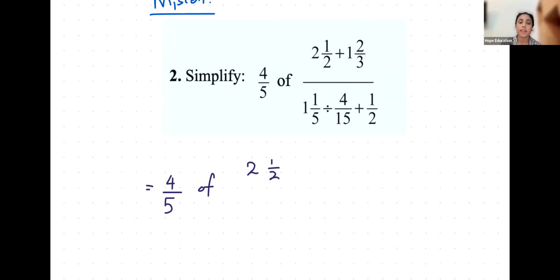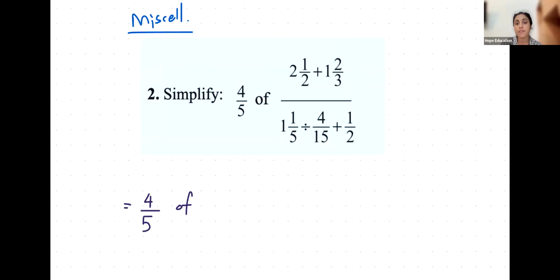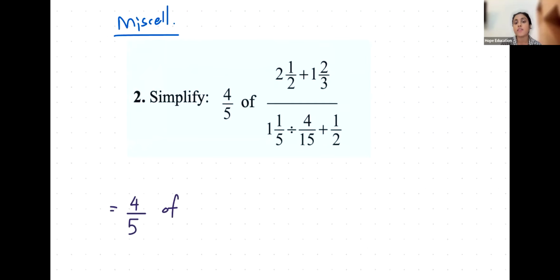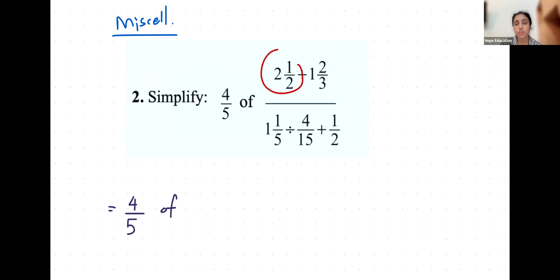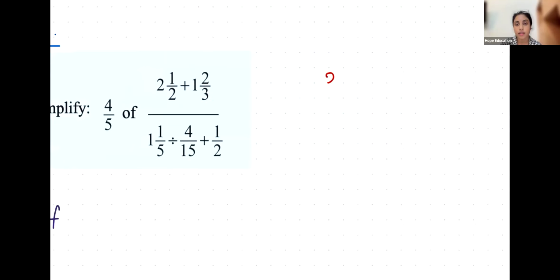First of all, I will convert these mixed numbers to improper fractions. So 2 1 over 2 means 2 times 2 is 4, 4 plus 1 is 5, that is 5 over 2. 1 2 over 3 means 1 times 3 is 3 plus 2 is 5, that is 5 over 3.